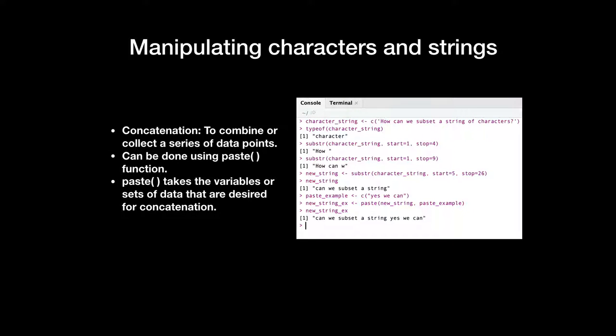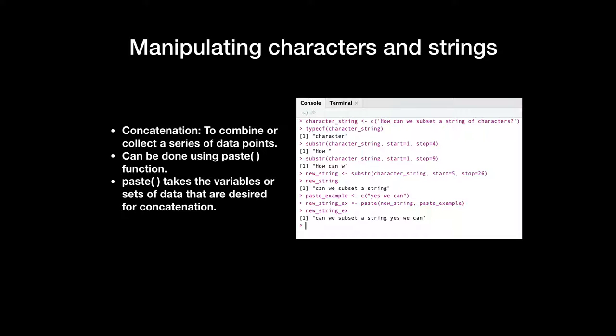Another concept that I want to cover is the concept of concatenation, or to combine or collect a series of data points. This can be done using the paste function. The paste function takes the variables or sets of data that are desired for concatenation. So very similar to what you imagine from doing copy and paste on your computer.